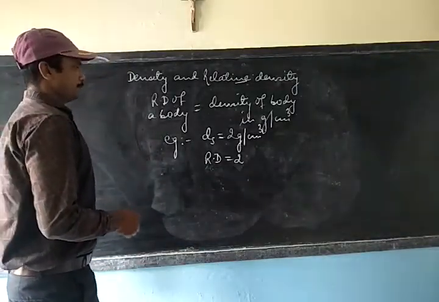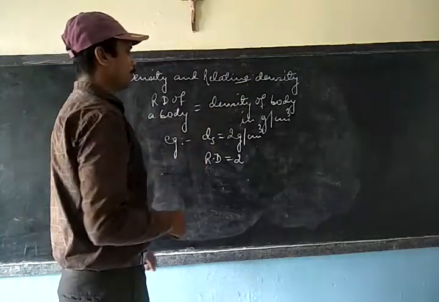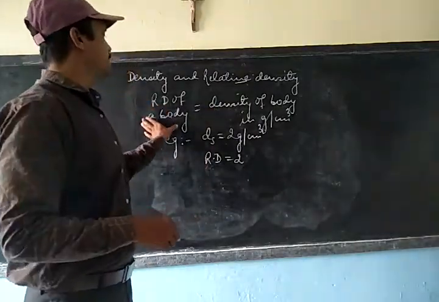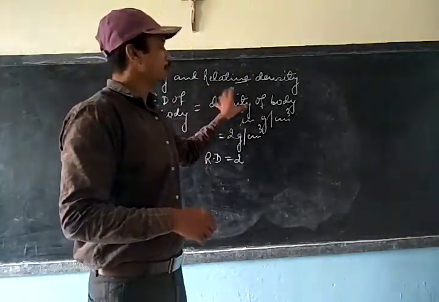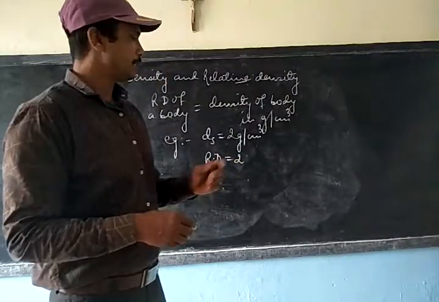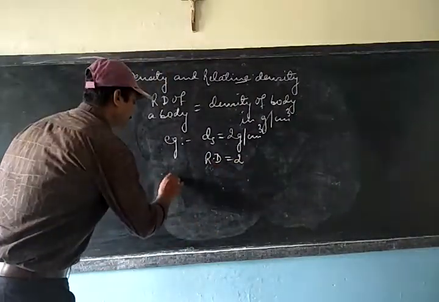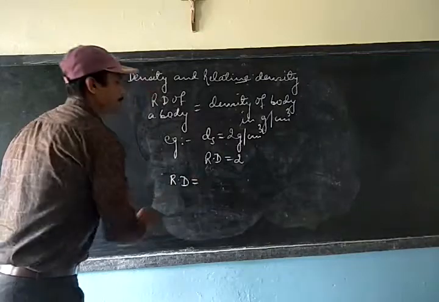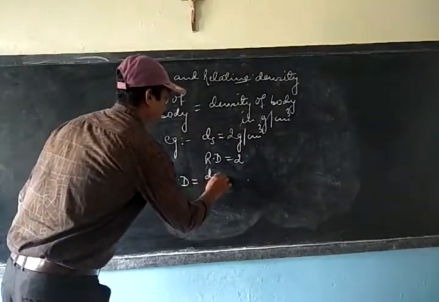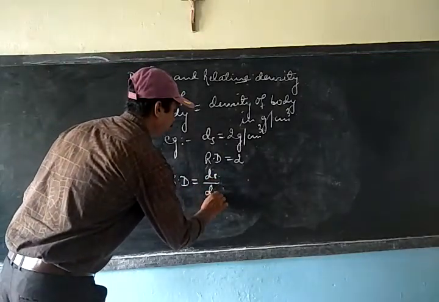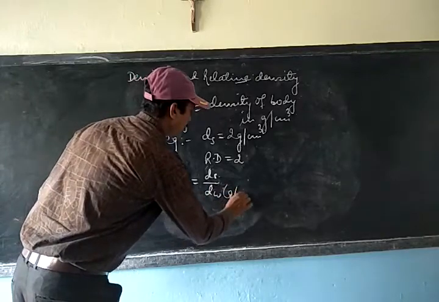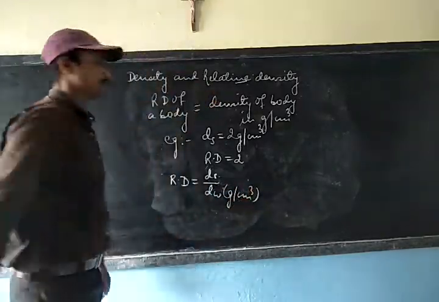And why has this relation come? Why can we write relative density equal to density in gram per centimeter cube? The reason is that relative density is equal to density of substance divided by density of water in gram per centimeter cube.